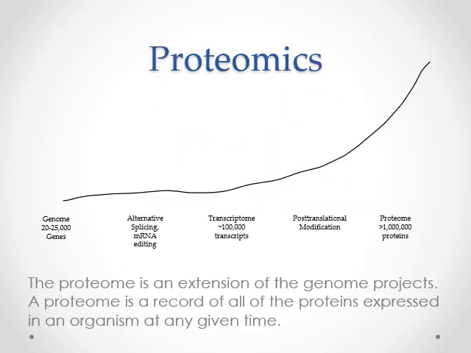Because after we start looking at the Human Genome Project, we have to look at the Human Proteome Project. This is identifying all of the proteins expressed in a cell at any given point. Because for every gene you've got, you could have many, many more proteins created.